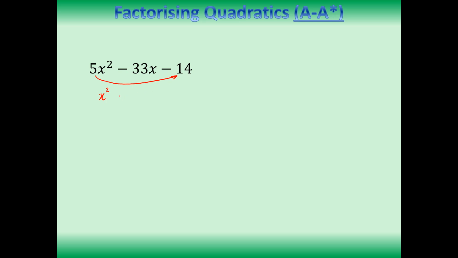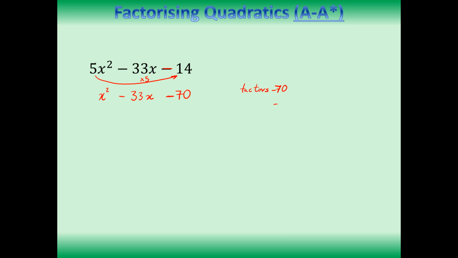So we write here 5 times 14 is 70, but we keep the negative sign because we're multiplying 5 by a negative number. So now we are looking for factors of negative 70 that add up to negative 33.